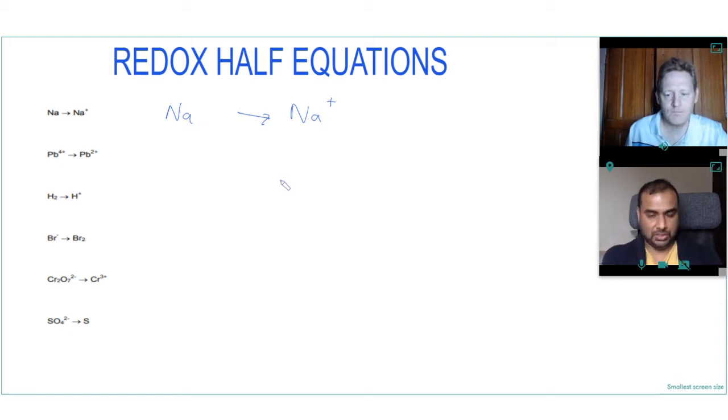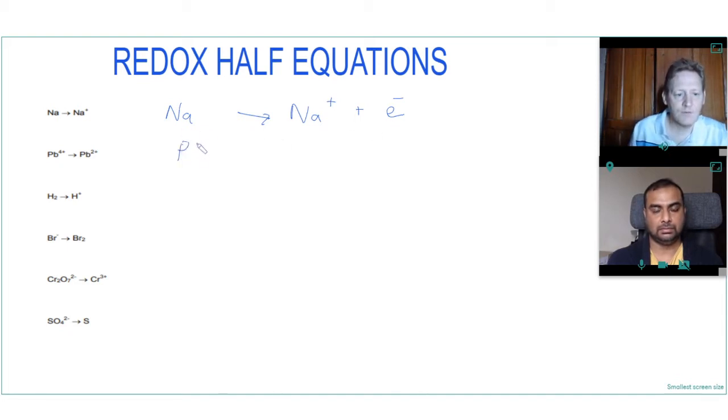So sodium being in group 1 has one outer shell electron too many, so it could lose one electron. On the right-hand side, you could put a plus e-. That would balance the charges, because on the left-hand side there is no charge, and on the right-hand side the +1 and the -1 cancel each other out, so no charge.